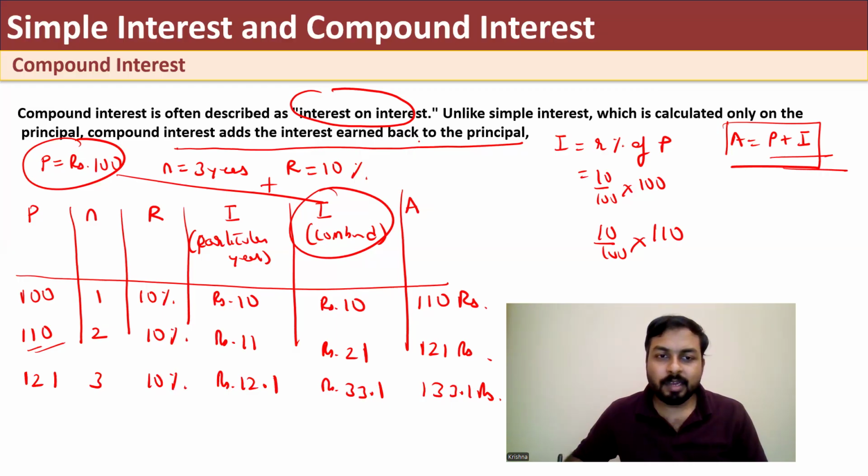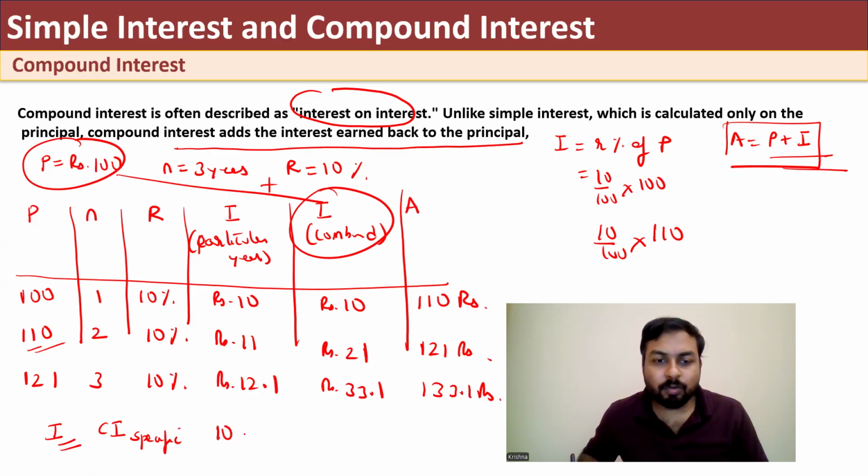Okay? Now, there are two observations that you can make here, and we will get to the formula. We'll see what's the formula for the compound interest. But before that, let's see two observations that we can make here. The first observation is that the compound interest for specific years or particular years is in GP.